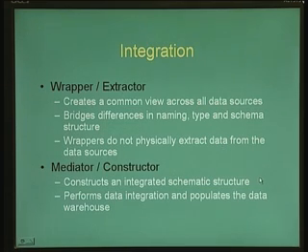So the difference between a wrapper and an extractor is that an extractor essentially physically extracts data from the data sources according to the schema, whereas the wrapper is just a logical wrapper. Similarly, a mediator is a logical mediator, while a constructor physically constructs the data warehouse from all the extracted data sources.